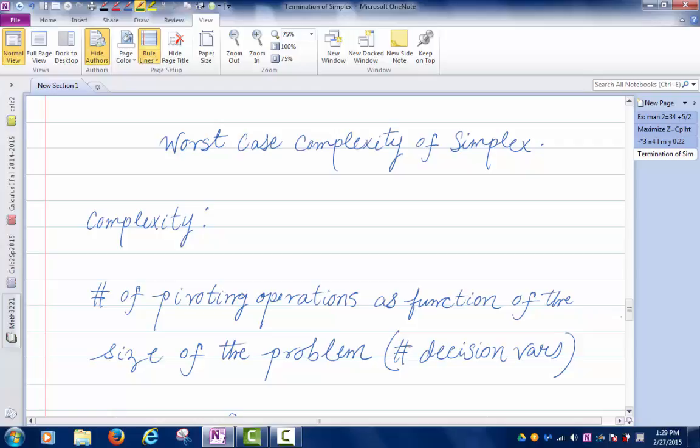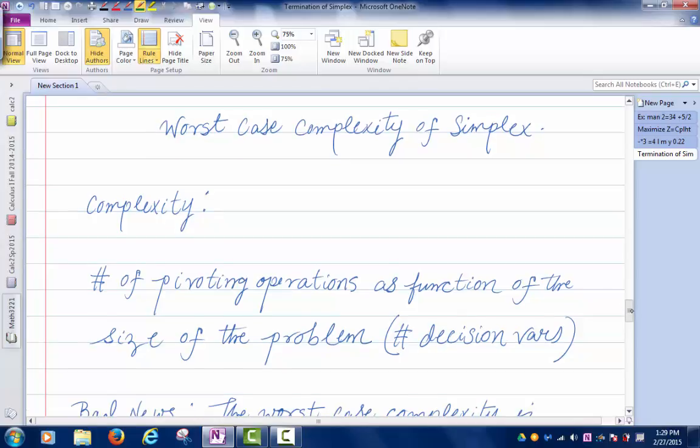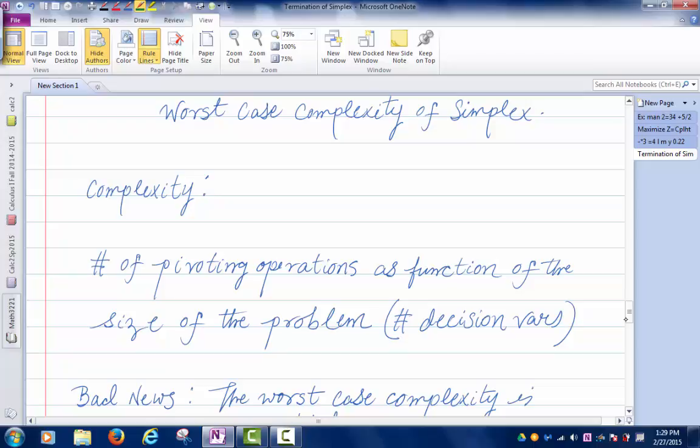But when I talk about complexity, I am thinking about the number of pivoting operations needed to get to the final dictionary as a function of the size of the problem. So what do I mean by the size of the problem? You can think of it as the number of decision variables. Am I making sense? The size of the problem means the number of decision variables.